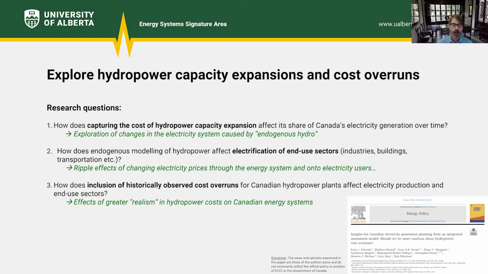And third, how does inclusion of historically observed cost overruns for Canadian hydropower plants affect electricity production and end-use sectors? And so if you model hydropower as unreasonably cheap, for example, that will have implications for future expansion in hydropower as simulated in this model, right? And so here we were looking at the effects of greater realism in hydropower costs on Canadian energy systems.